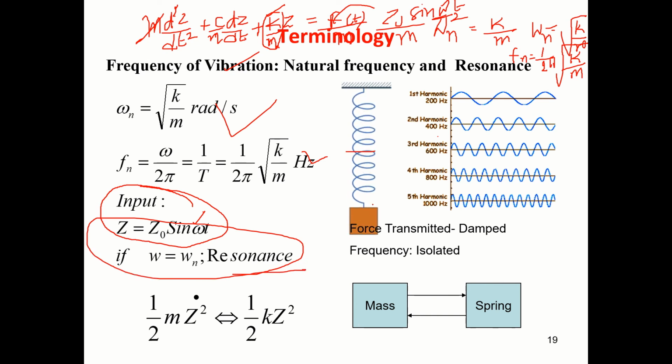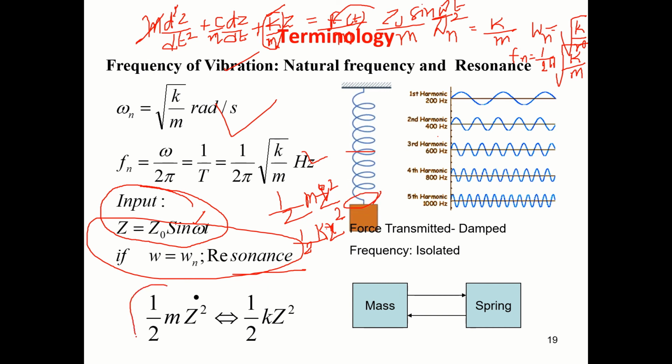So you know mass stores kinetic energy, always half m v square, correct, and spring stores potential energy, half k z square. Here let me write it as z dot. Z dot means dz by dt, that is v.